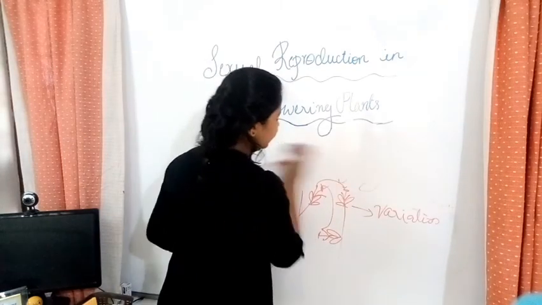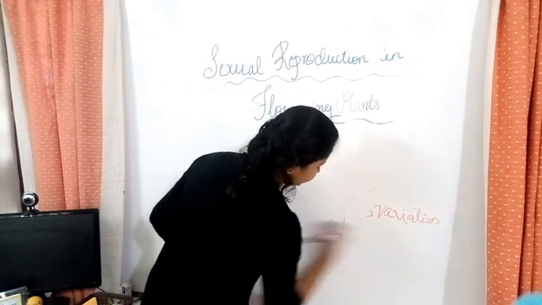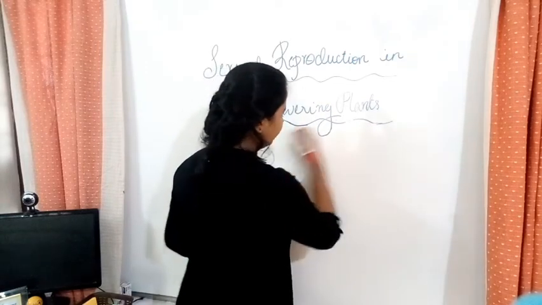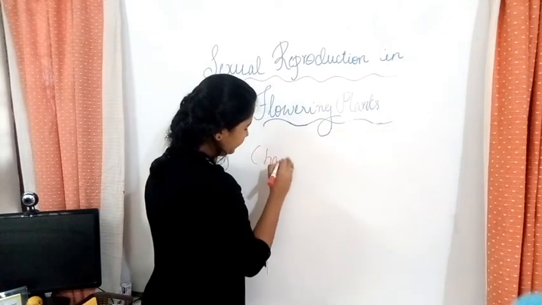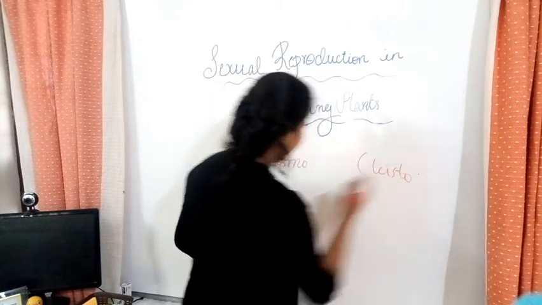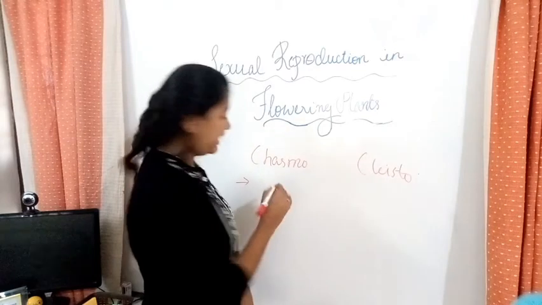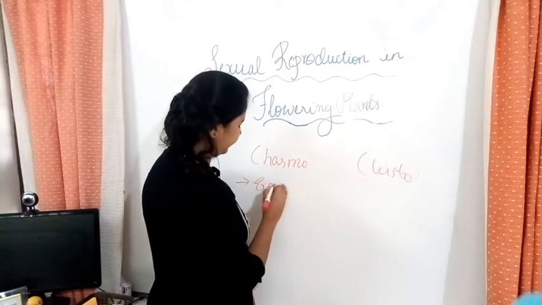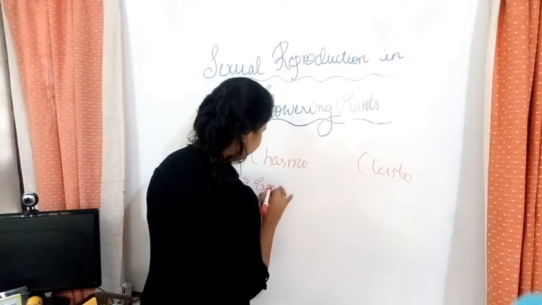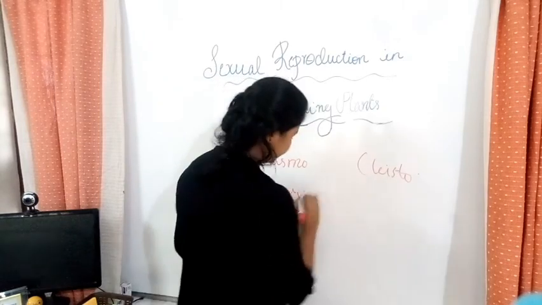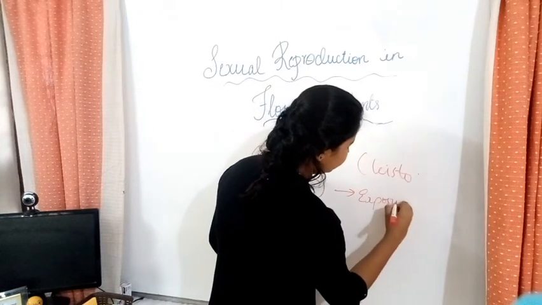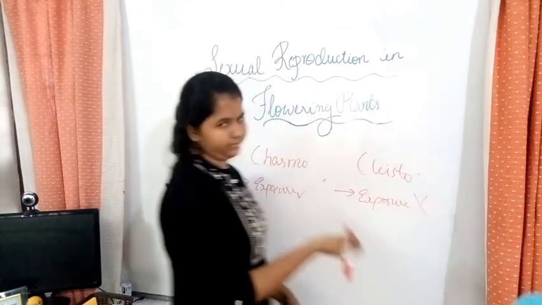So now we have to learn about the 2, cleistogamous and chasmogamous flowers. So let's write chasmogamous, cleistogamous. So over here there is exposure. Over here exposure is not there.